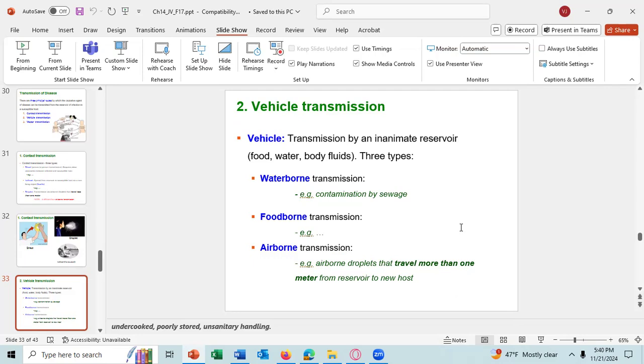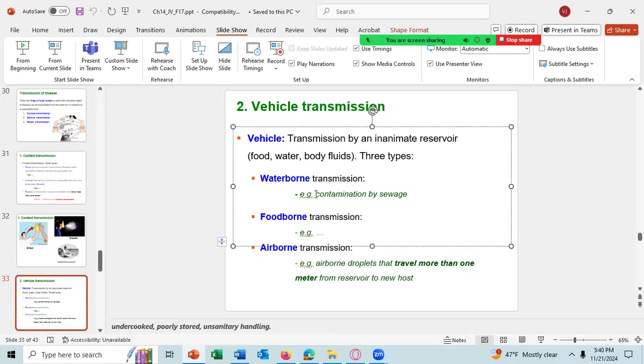Transmission can be from an inanimate reservoir, food, water, body fluids, and there are 3 types of vehicle transmission. Waterborne transmission, where the water transmits the disease-carrying organism. In third world countries, the drinking water may be contaminated with sewage, spreading waterborne transmission. Waterborne transmission is very rare in the first world countries.